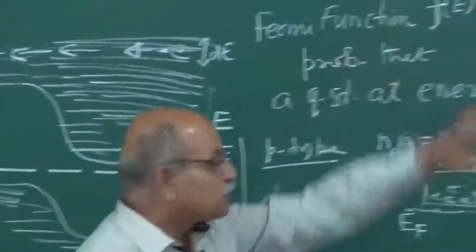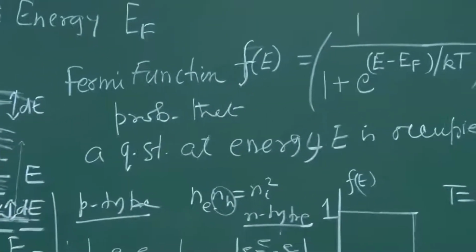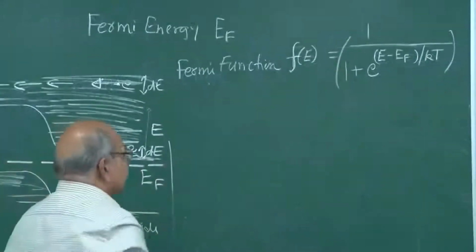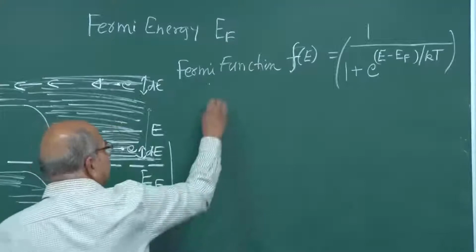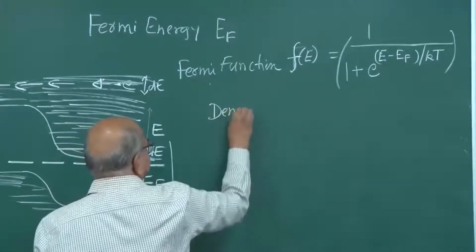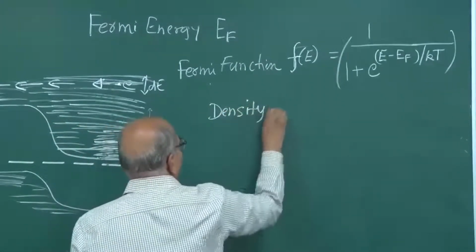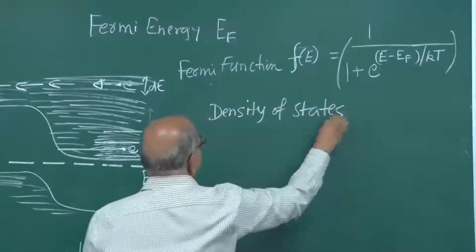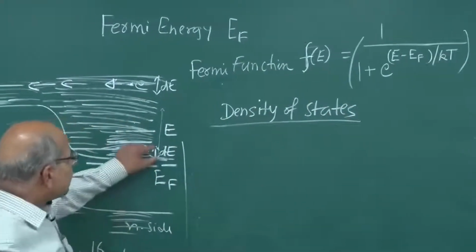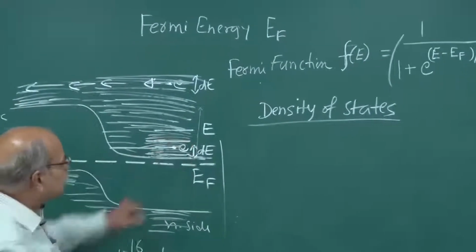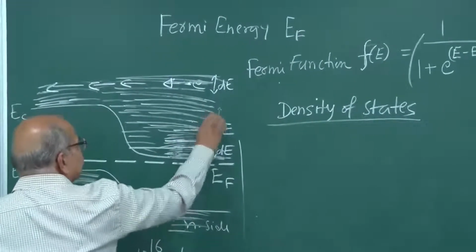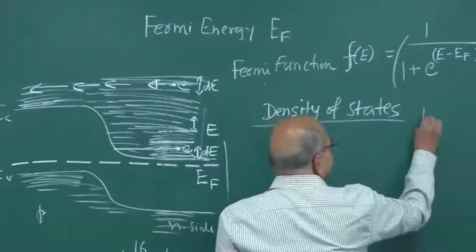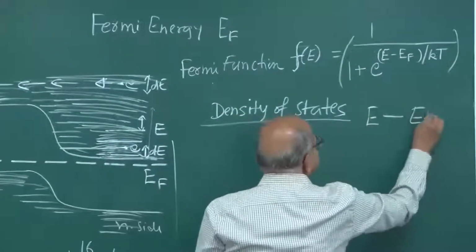This is the probability, and another thing which is needed is called density of states. This is another very important concept, density of states. What is this? You take some band, some energy width dE at some energy E, E to E plus dE.